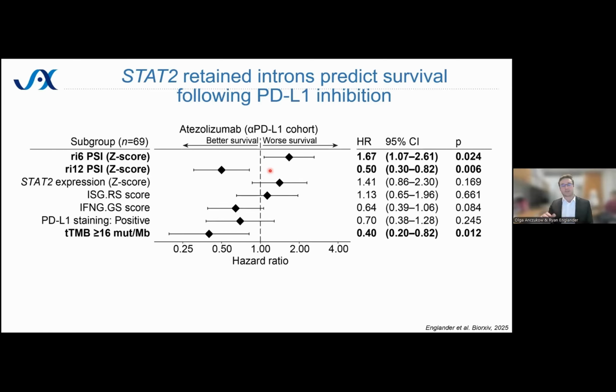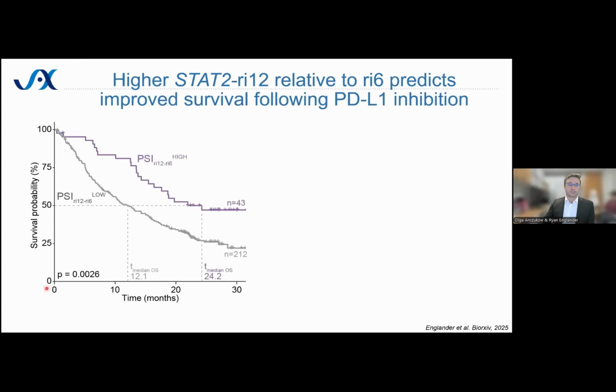And we grouped patients into 2 cohorts, either delta PSI high or low. And you can see the results pictured here, and they are quite striking.